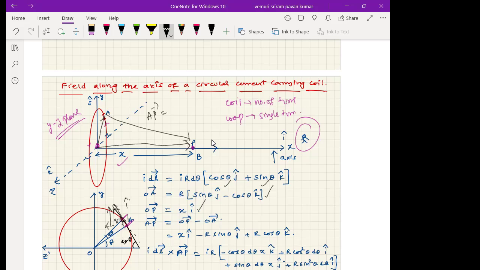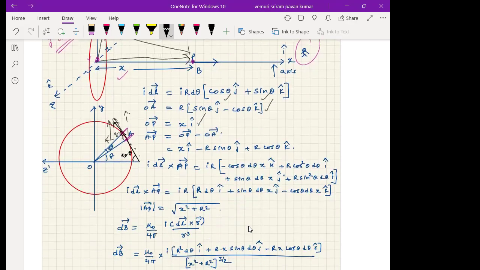So, AP bar is OP bar minus OA bar. That's what I have done. So, finally, after rearranging dl bar cross AP bar, you will settle down with this equation. Once, please check everyone. Any doubt? This is the equation.